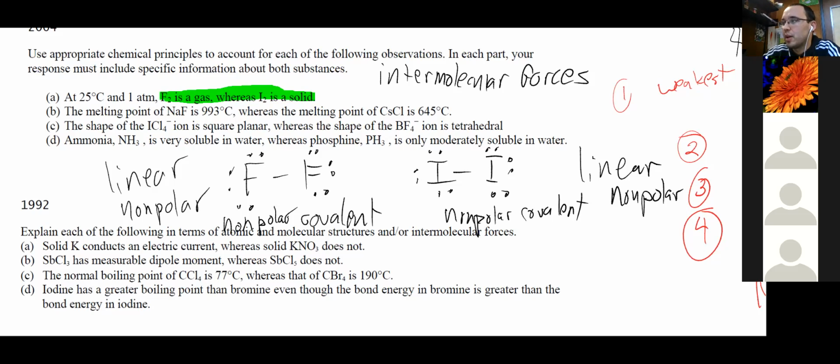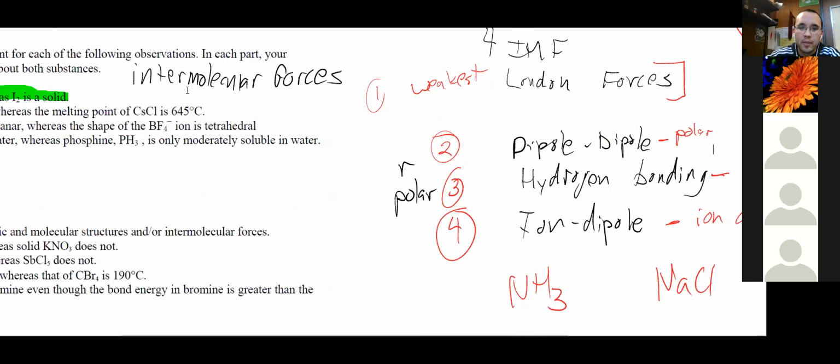NaCl is not a gas at room temperature. Oh, whoops. I'm sorry, I flipped it. Solid. There we go. I think it still addresses the question you just asked: why is the melting point of sodium fluoride 993 and the melting point of cesium chloride 645?